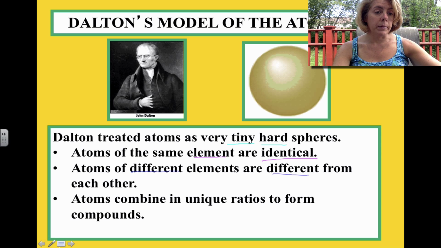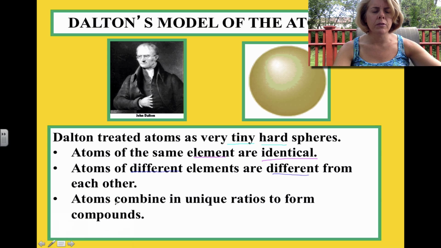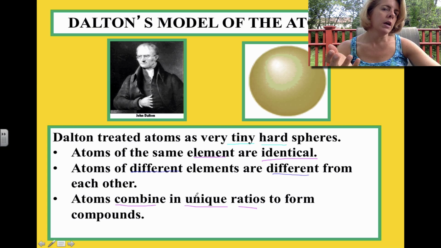And this is groundbreaking because not everybody saw this, but Dalton said that they have to combine in unique ratios. So when water is formed, there has to be 2 hydrogen and 1 oxygen. When hydrogen peroxide is formed, there's got to be 2 hydrogen and 2 oxygen.